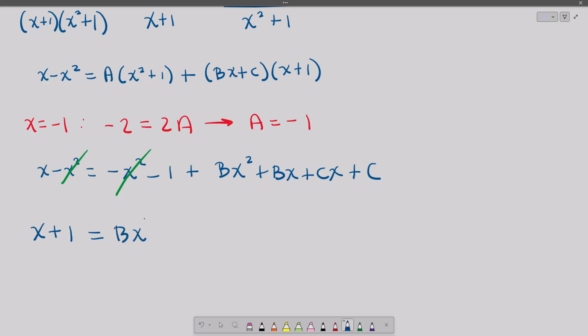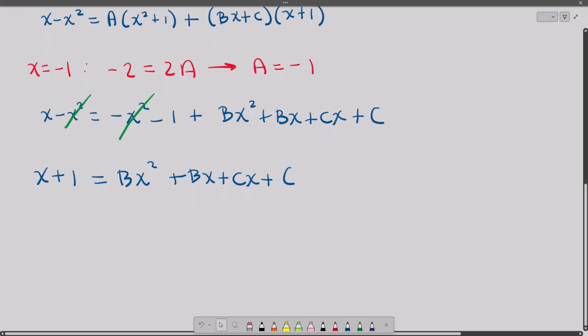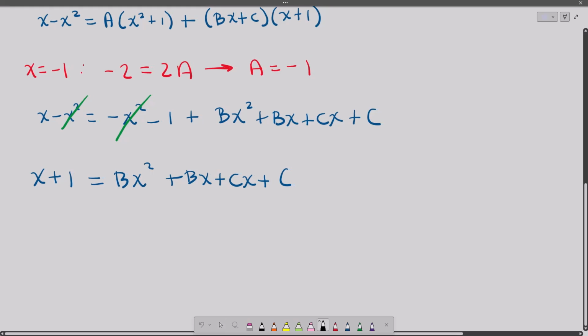And then the right-hand side looks like that. So what does b have to be?